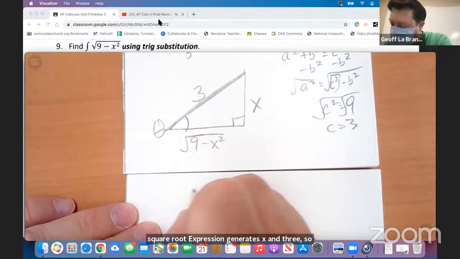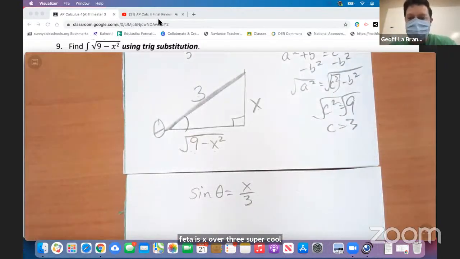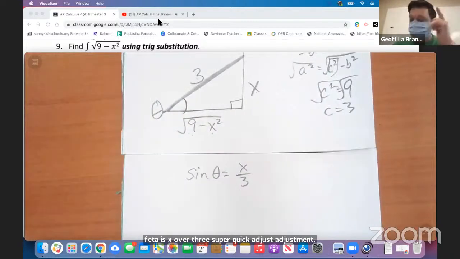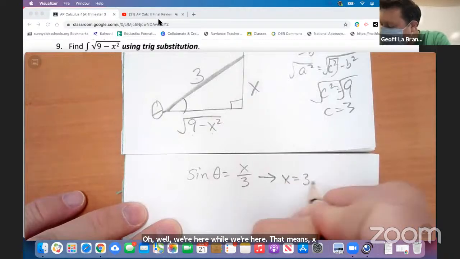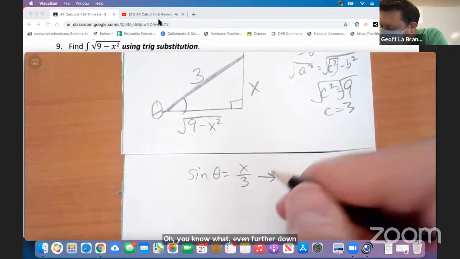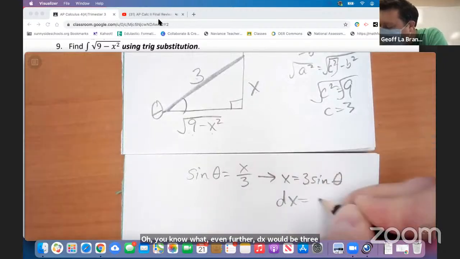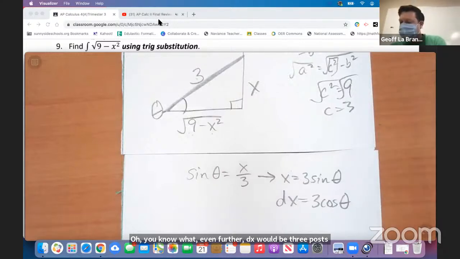Sine of theta is x over 3. Super quick adjustment: while we're here, that means x equals 3 sine theta. And even further, dx would be 3 cosine theta d theta. Yes, it's all coming together.